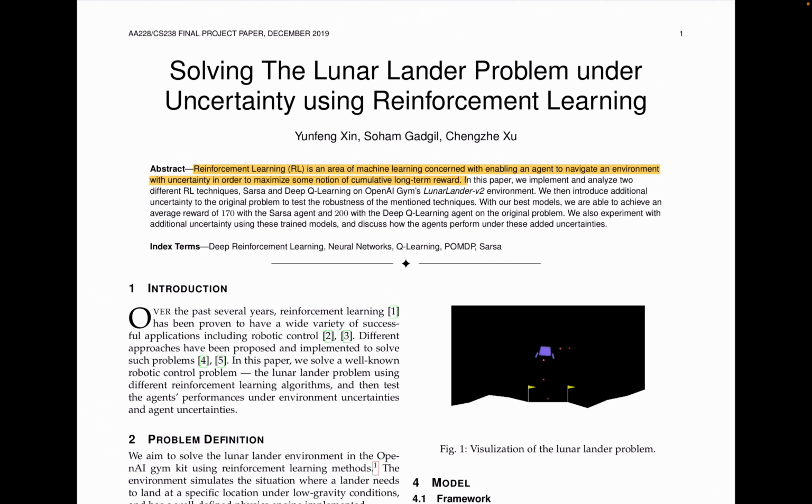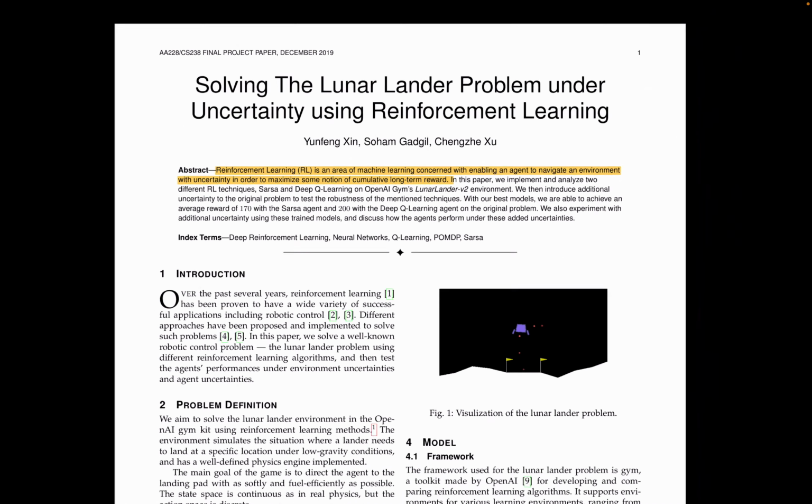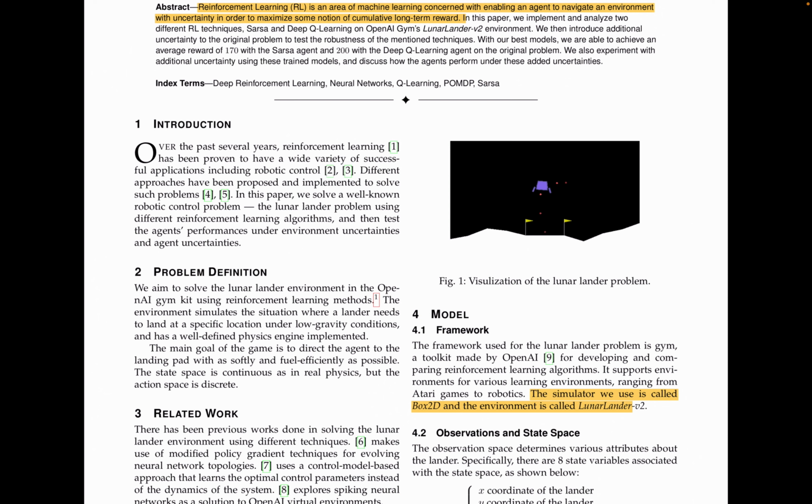So what is the problem over here? The problem, as you are familiar from the paper name, is the lunar lander problem. As the name suggests, we want to land a lander on a surface, the moon surface. Of course it's lunar, right? On the lunar surface.